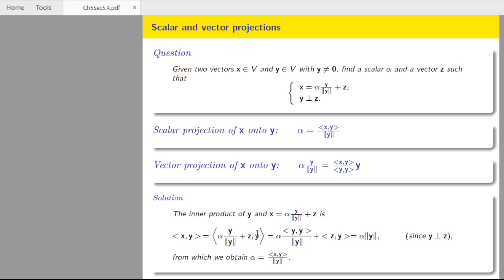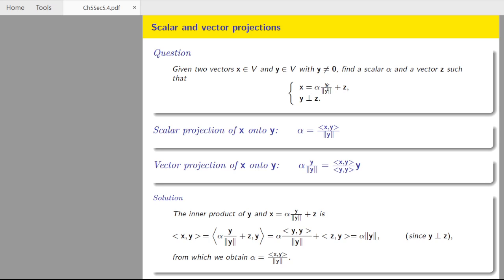Then look at the far left and the right. We can divide both sides by the squared norm of y, because y is non-zero, so we can make that division and then we get alpha. So alpha is equal to the inner product between x and y over the squared norm of y. We substitute alpha here, and then we get x as the composition like this.